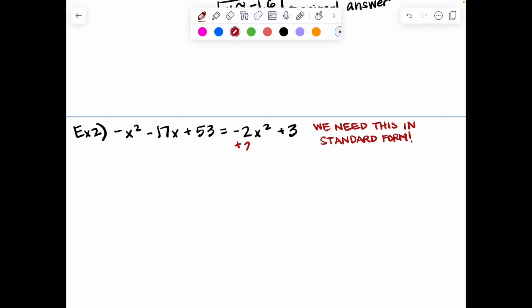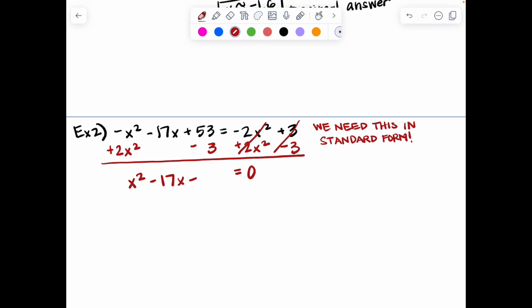So we're going to add 2x squared and subtract 3. Remember to line it up with the like terms. So now this side is 0, and we have positive x squared minus 17x plus 50. So now I have 1 for a, negative 17 for b, and 50 for c.